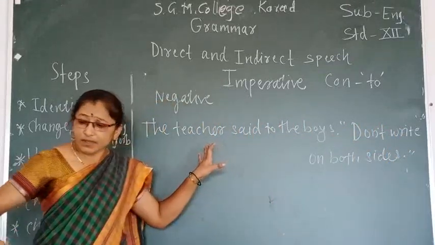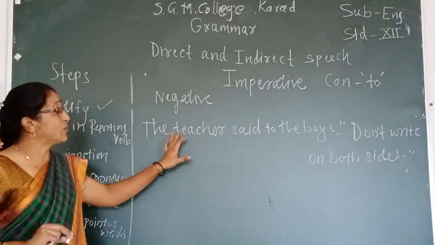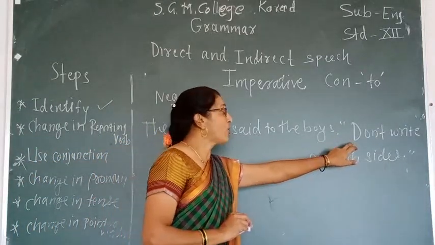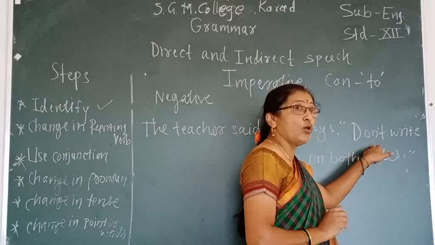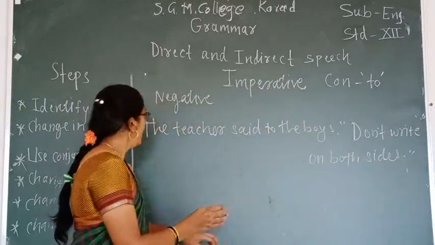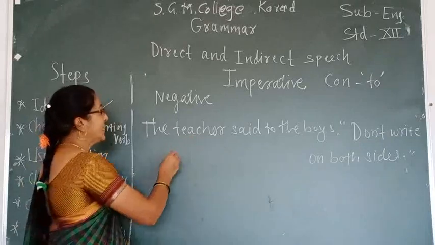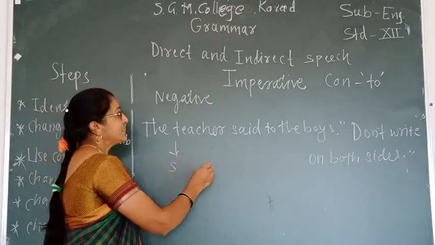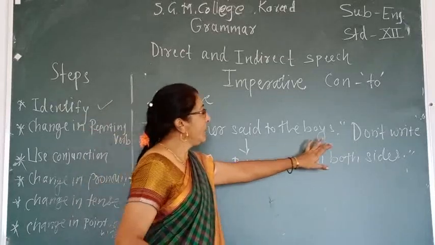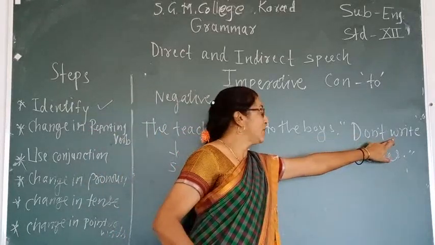This is again an example of an imperative sentence, but a negative sentence. Inside the double inverted commas, the main clause begins with the word don't and then there is the verb write. The subject is the teacher, said is the reporting verb.